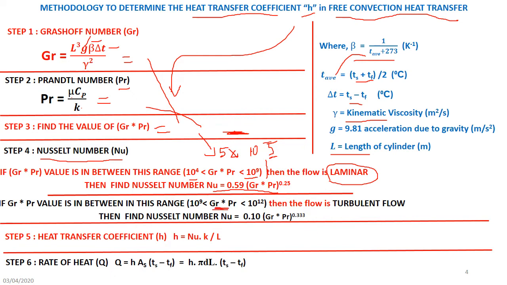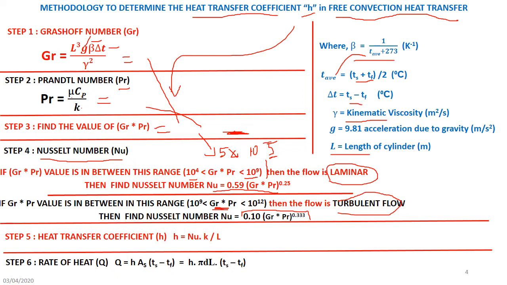So if that is the case, then that type of flow is called turbulent flow. To find Nusselt number, you have to use this equation for the value between 10 power 9 to 10 power 12. So these are the two formulas for laminar and turbulent.